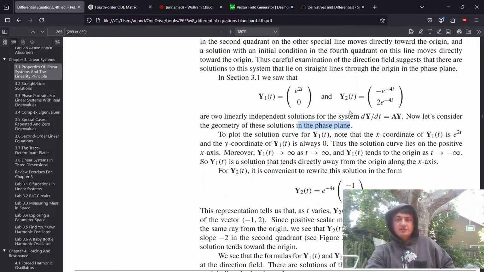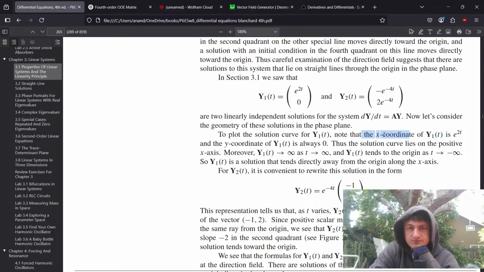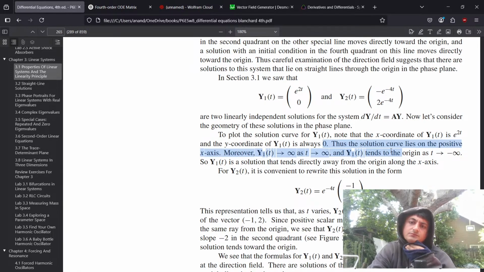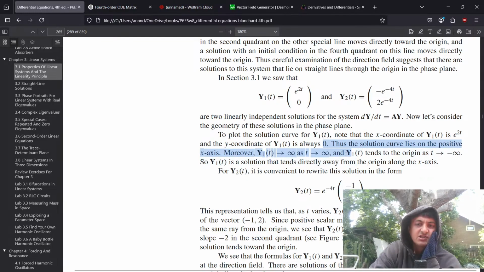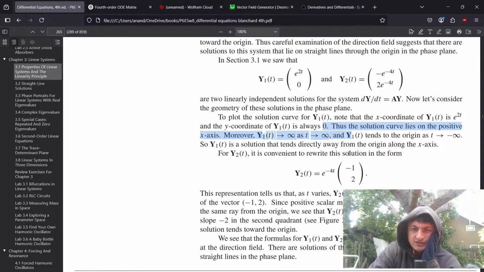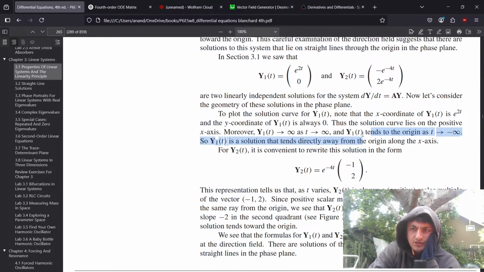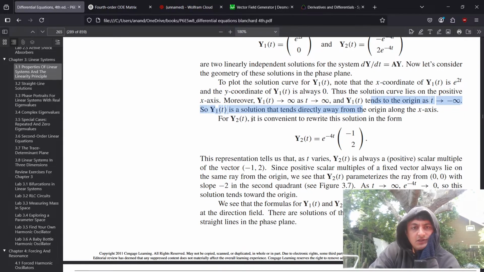To plot the solution curve for y1 of t, note that the x-coordinate is positive and the y-coordinate is zero, thus the solution curve lies on the positive x-axis. Moreover, y1 of t goes to infinity as t goes to infinity. y1 of t tends to the origin as t goes to minus infinity. So y1 of t is a solution that tends directly away.